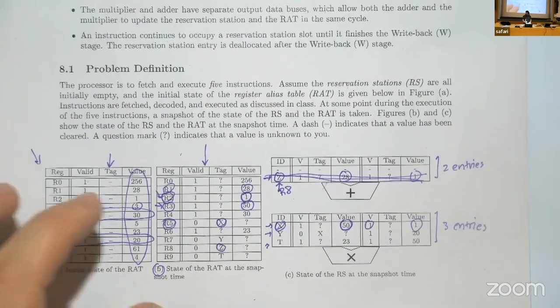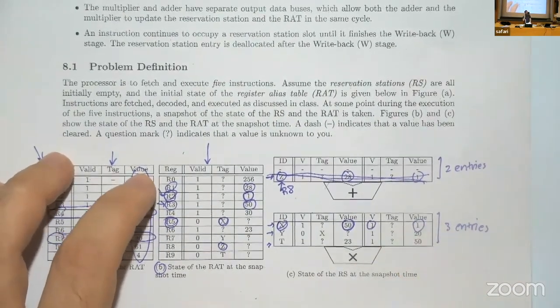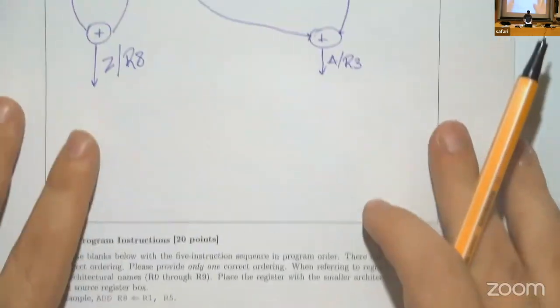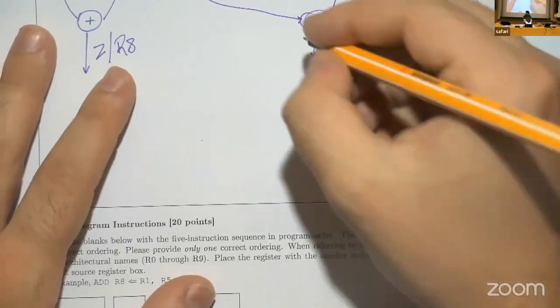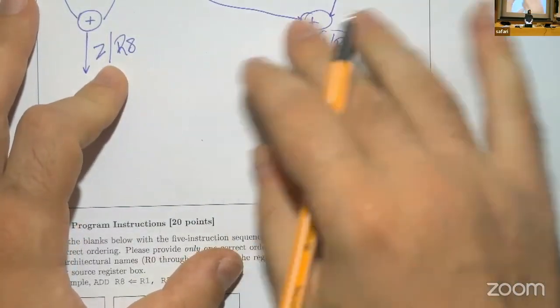It's R5 as the multiplication result of R3 to R2, okay? So this is done before everything, right?